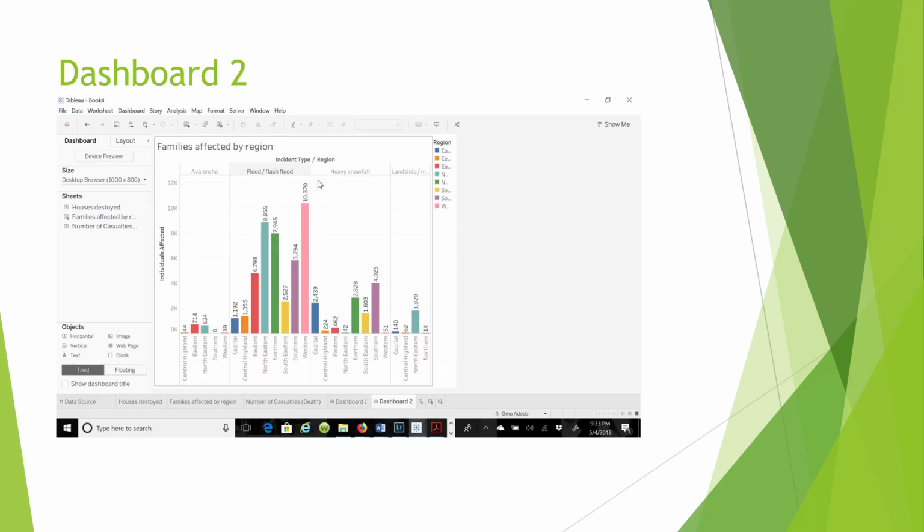The other dashboard here shows the families affected by region. It looks like most of the families were in the northern, eastern, and western regions, and most of them were affected by the flash flood and the flood, and the least people were affected by the avalanches.